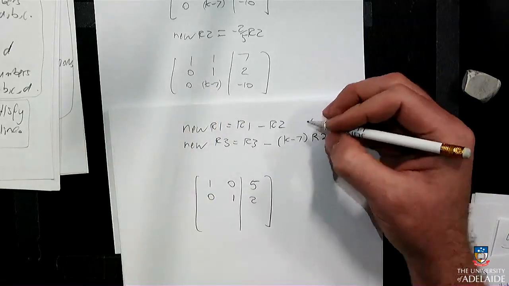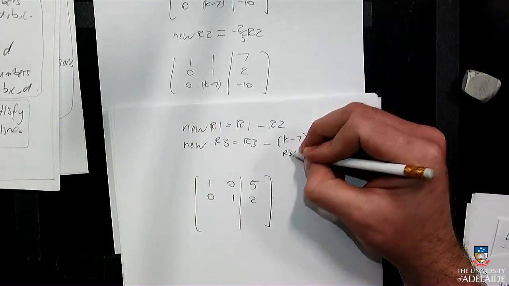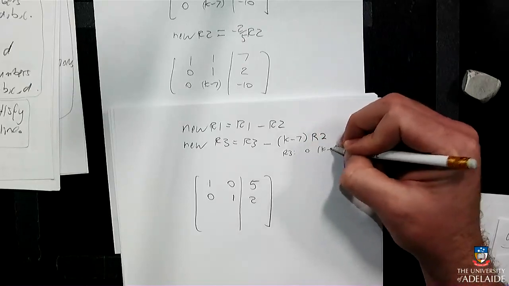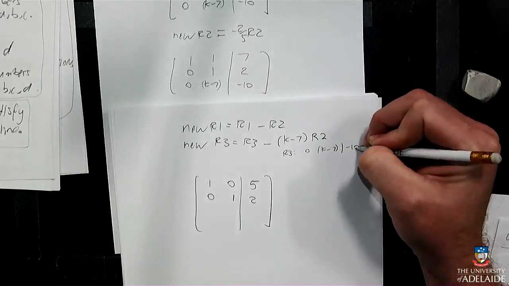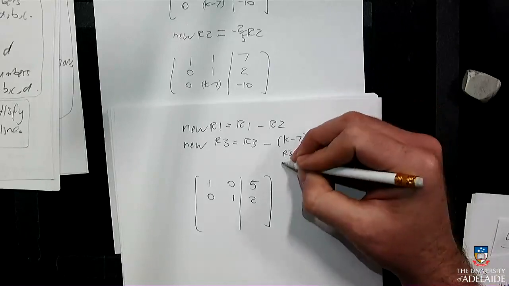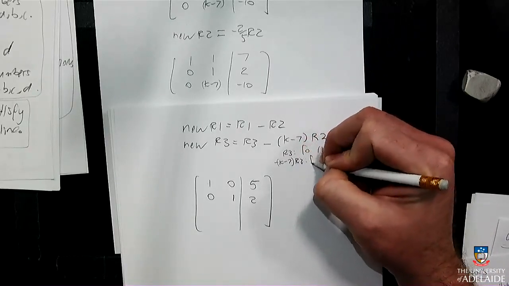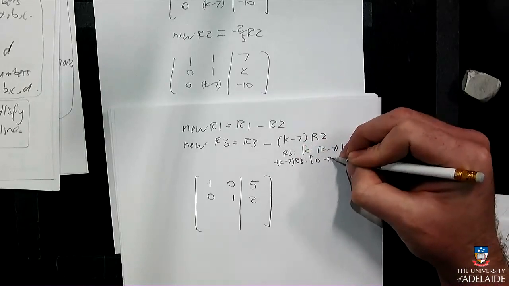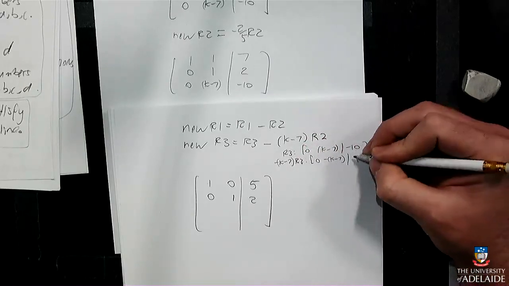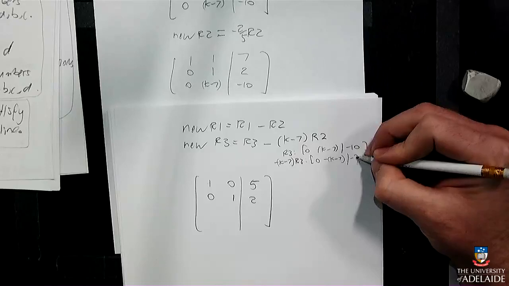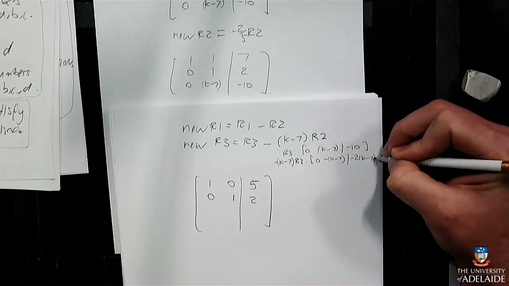So let me just do that properly. My row 3 is currently 0, k minus 7, minus 10. And minus k minus 7 lots of row 2 is 0, minus k minus 7, and minus 2 times k minus 7.